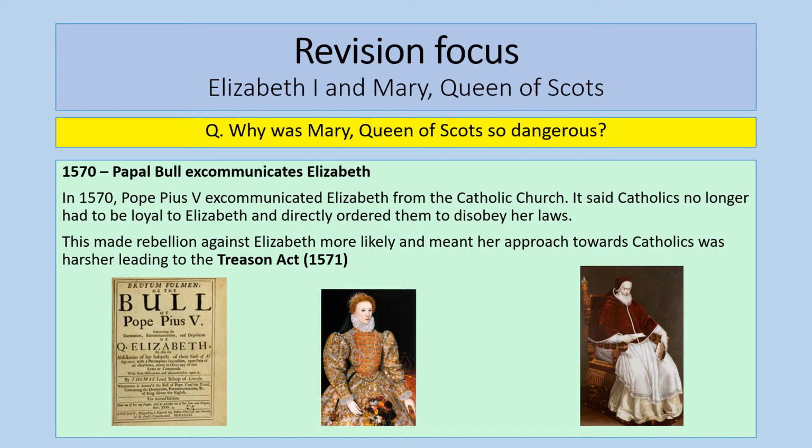So the Pope excommunicates Elizabeth from the Catholic Church, and basically this means that the Catholics in England no longer need to be loyal towards Elizabeth. This makes a rebellion more likely, and this leads to harsher laws being passed to tackle Catholics in England and any kind of opposition. So it leads to something called the Treason Act of 1571.